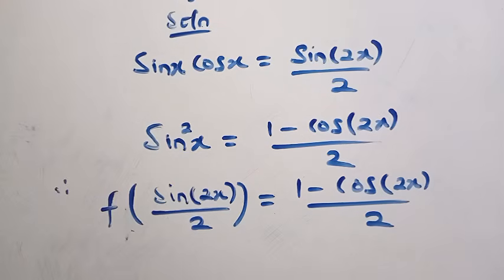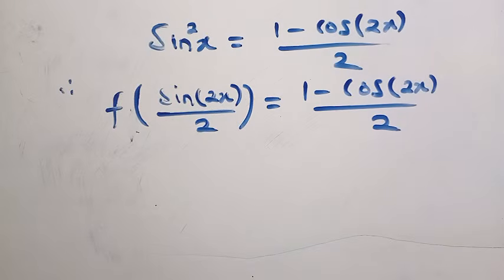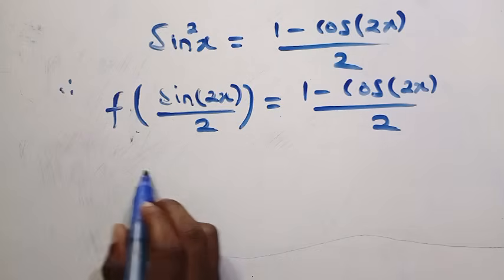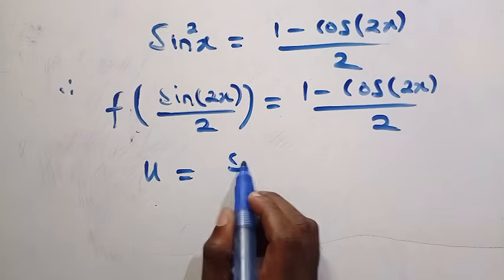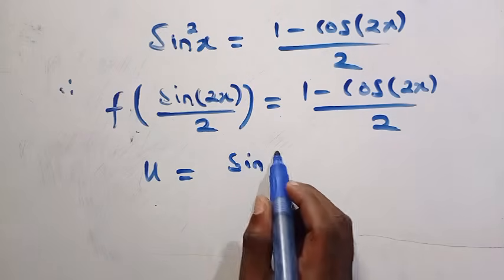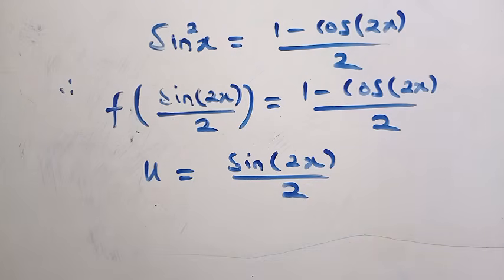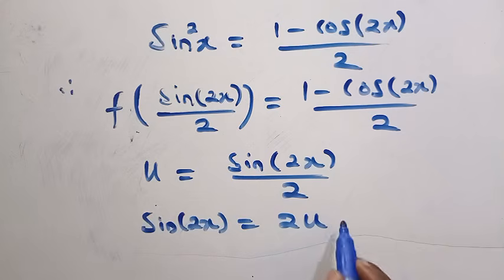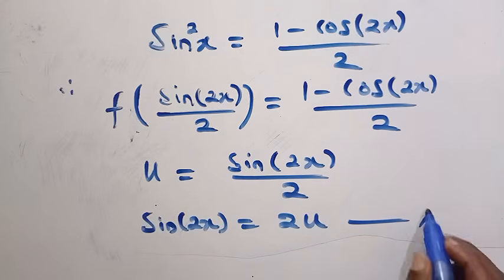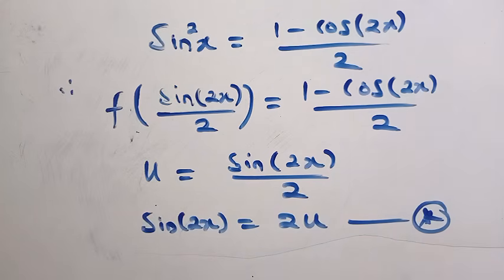And again, suppose I let u equals sine 2x divided by 2. Then with this, we have sine 2x equals 2u. So this derivation is very important. We are going to be making use of it later.